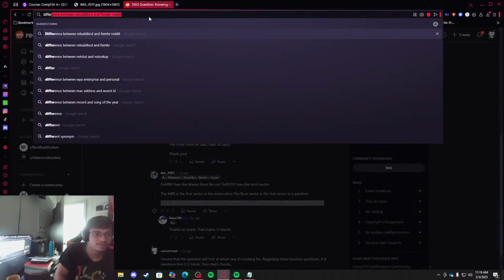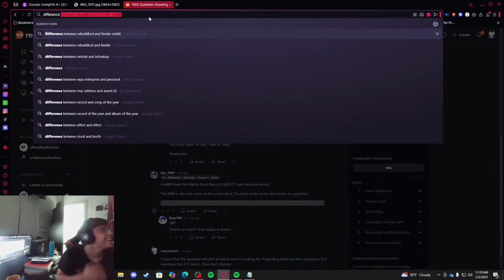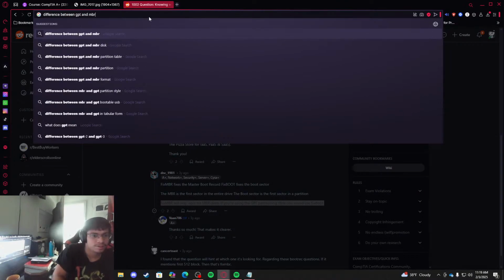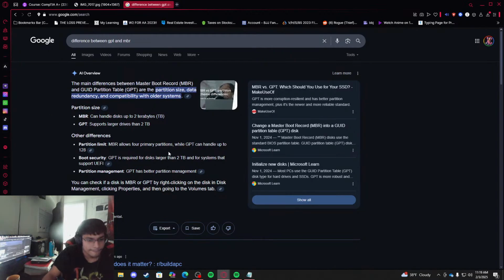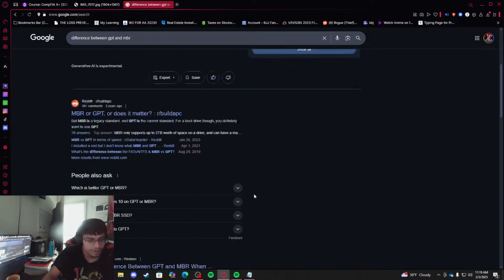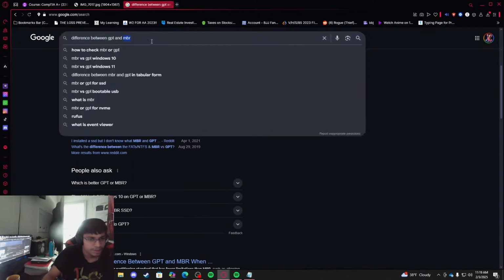I know MBR, master boot record, is more limiting than GPT. Can you have 128 different partitions? Yeah, 128 partitions. You can only have 4 with MBR.